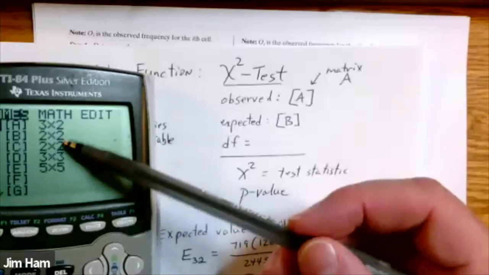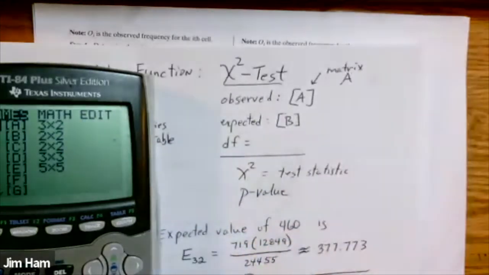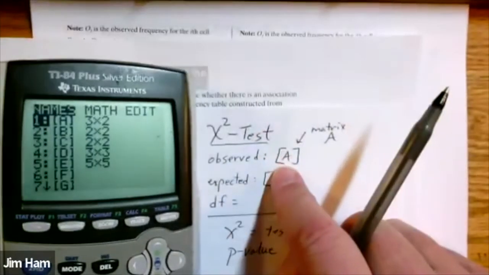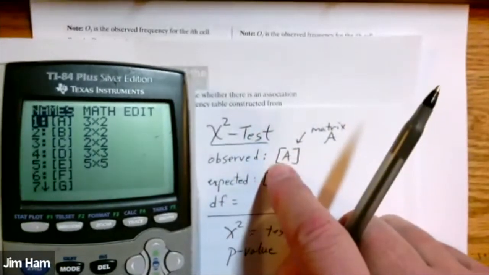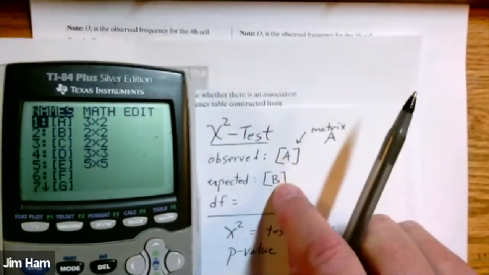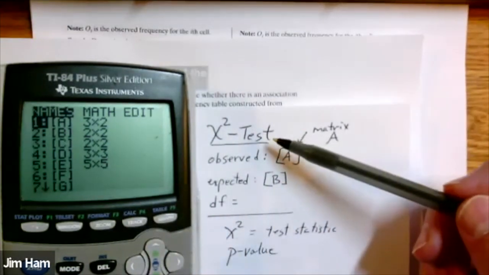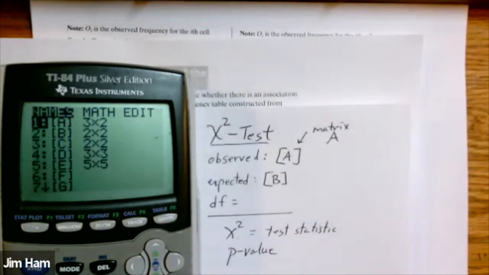They have different dimensions. All right, now I want to go ahead and run the chi-squared test. First thing you have to do is to go enter in matrix A. Now, the calculator doesn't know that you want expected values at this point. It's only after you run this test that the calculator then says, oh, they're doing this test, they want the expected values. I need to calculate the expected values in order to calculate the test statistic.